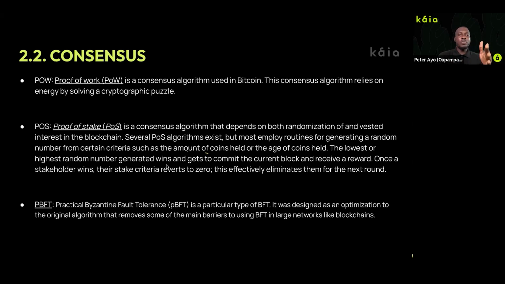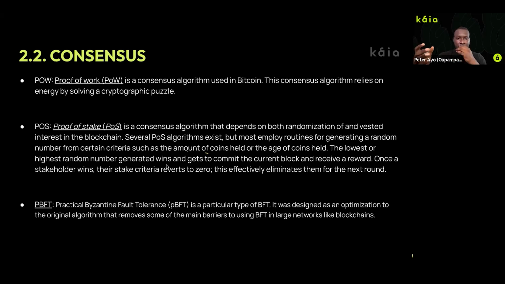And so the concept of PBFT talks about how a blockchain network can reach a consensus as long as the malicious nodes on the blockchain are not greater than or equal to 1/3 of the total nodes.